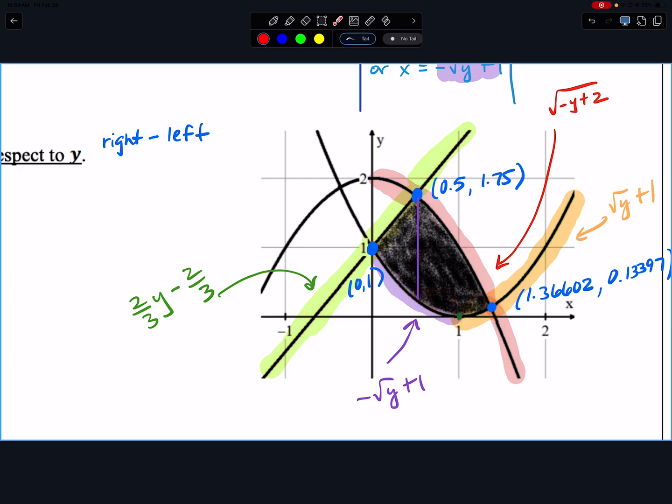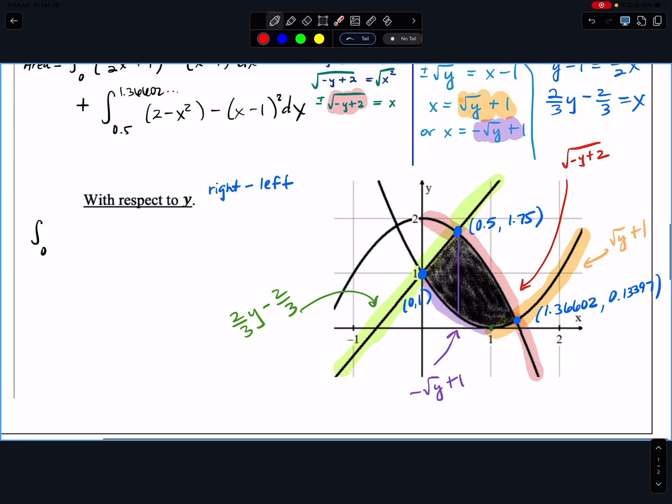What is the orange graph at the beginning? Square root of y plus 1 minus the left function, which is the purple, which is negative root y plus 1. What goes here? dy. Now, up until this point right here, the intersection point, what is the y boundary? 0.13397.